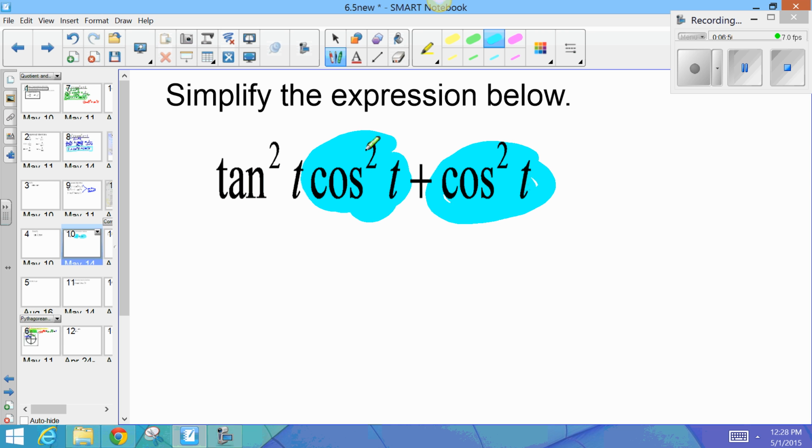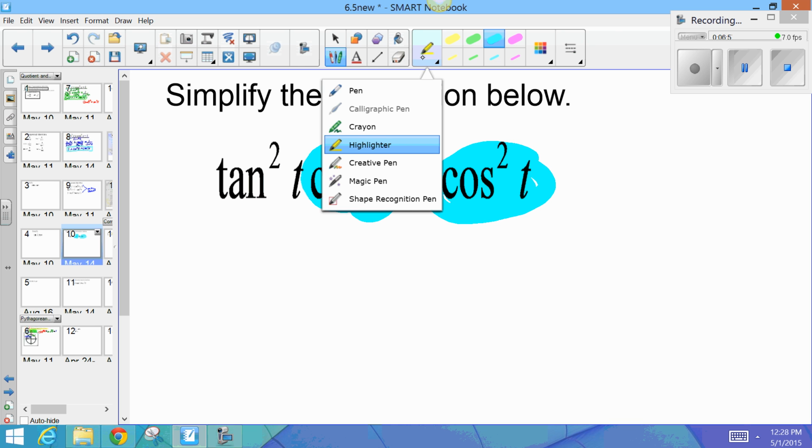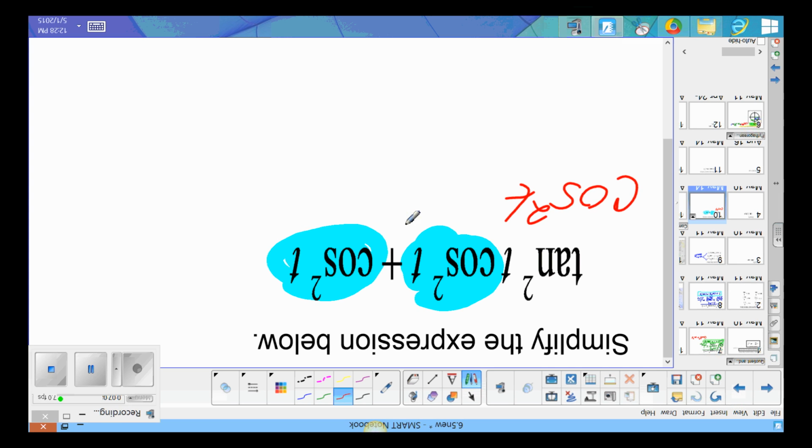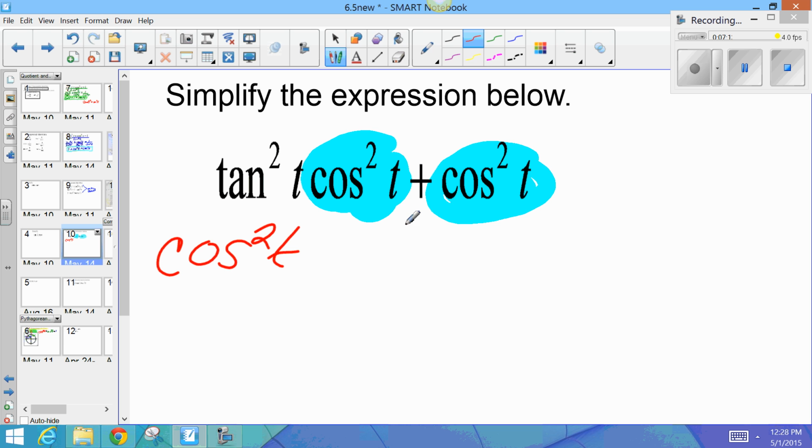So with all my factoring practice that I did earlier this year, I should think to myself, oh, wow, there's a GCF here. I wonder if that'll help me simplify. So let's GCF cosine squared of t. Okay, so I'm going to divide that out of both terms. All right, so the first term, tangent squared cosine squared divided by cosine squared leaves me tangent squared.